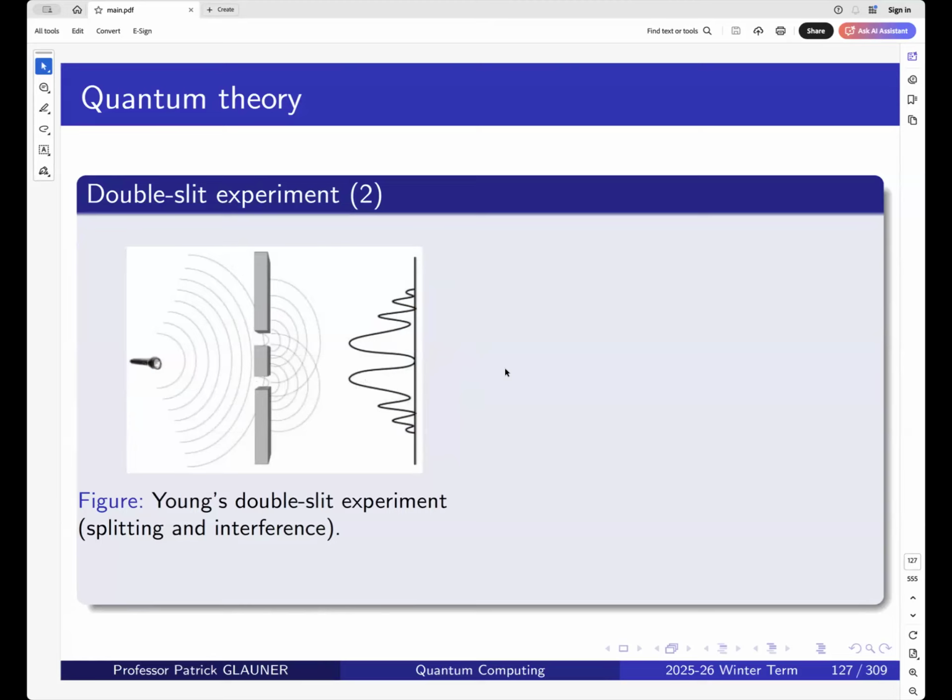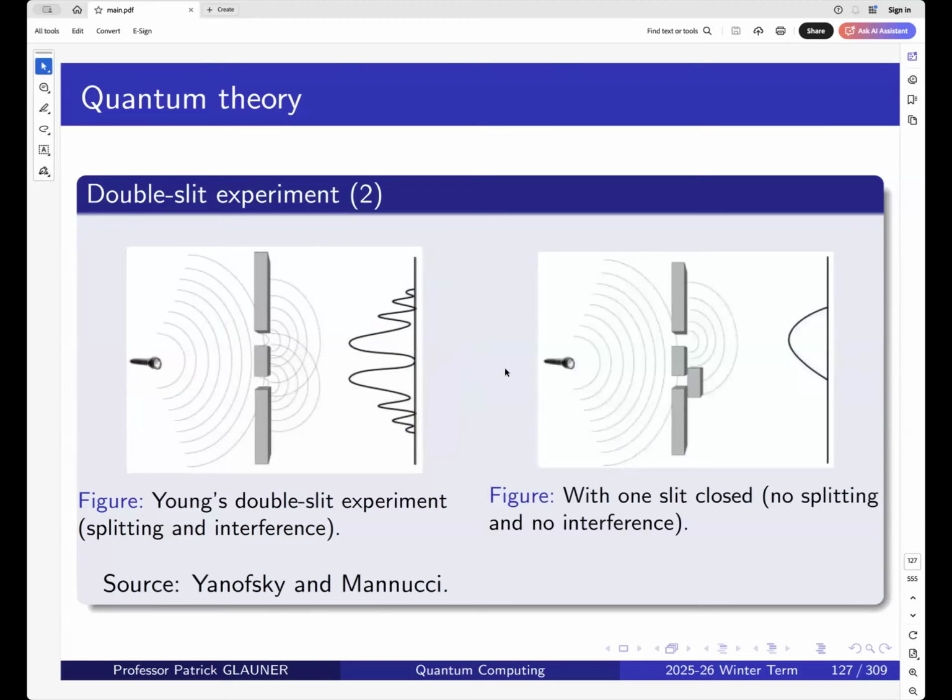And the book discusses the double slit experiment in detail. So if you want to learn more about it, please really look into the book because we have this interference here. So we have this canceling out. But in fact, if you close one of the slits, we don't have interference anymore. And you would actually have some light just here around the center.